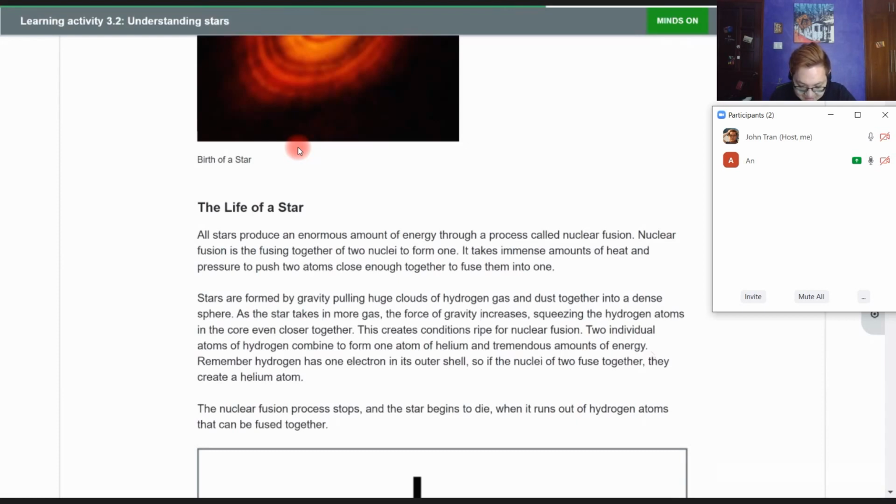This creates conditions ripe for nuclear fusion. Two individual atoms of hydrogen combine to form one atom of helium, and a tremendous amount of energy. Remember, hydrogen has one electron in its outer shell, so if the nuclei of two fuse together, they create a helium atom.